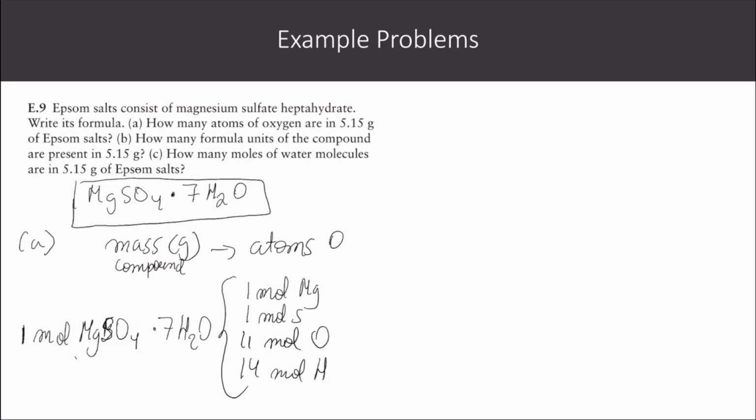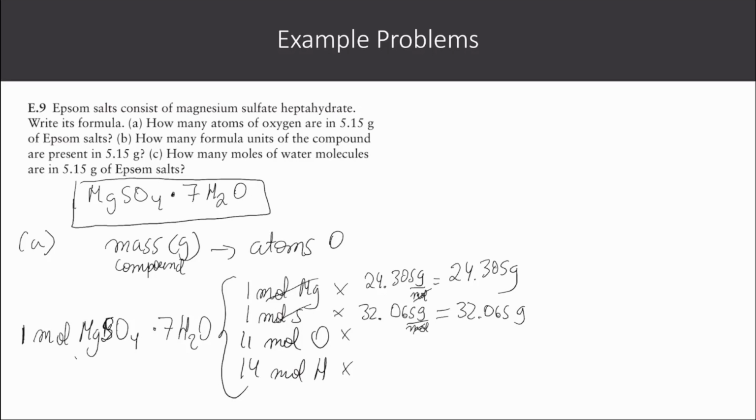Okay, so we multiply each one of these by their respective atomic mass. For magnesium it is 24.305 grams per mole. That gives us the same number in grams because moles and moles cancel. And for sulfur it is 32.065 grams per mole. Moles cancel and we're left with the same number in grams.